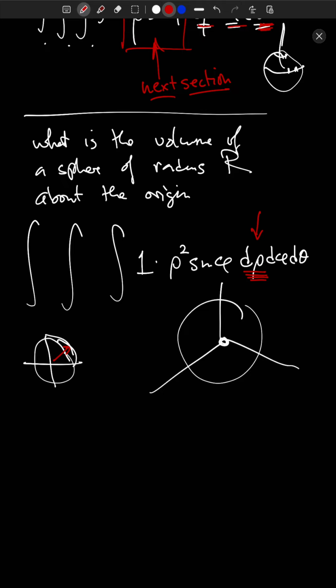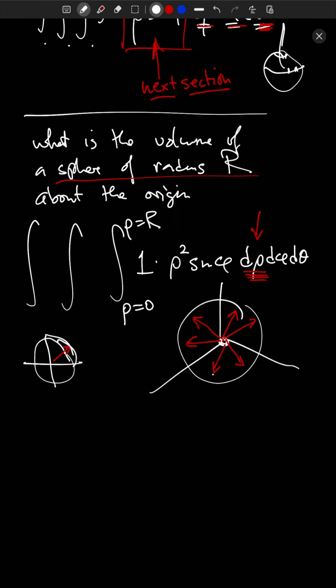So again, when rho is changing and the other coordinates are fixed, we're talking about rays through the origin, or rays emanating from the origin. And we're integrating over a sphere of radius r. So when we fill this region up with rays emanating from the origin, we always start with a ray at rho equals 0, and we end up at rho equals capital R, which is the surface of the sphere.